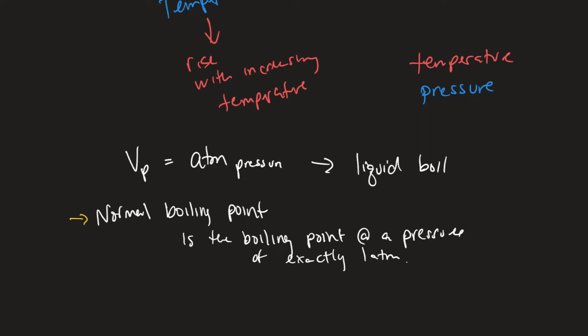For example, if you were on Jupiter, the boiling point of water would not be 100 degrees Celsius. It would be different because the pressure on Jupiter is much higher.